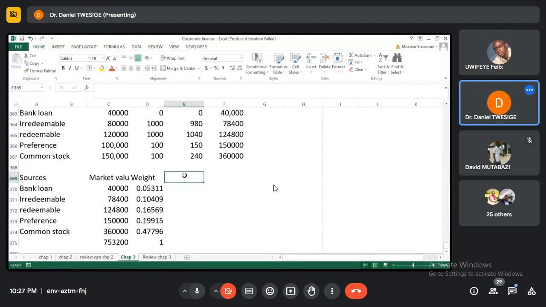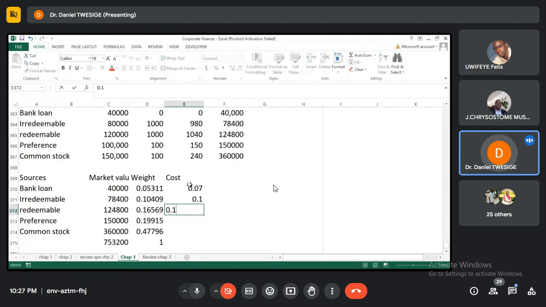Now here I recognize the cost of each source. Here it will be 0.07, I think. That's what we got. Can you tell me irredeemable will go to what? We got 0.1.